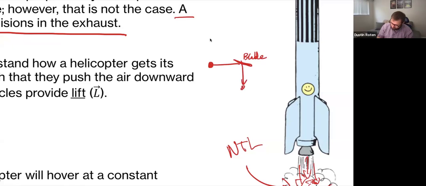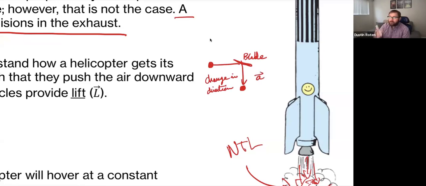Okay, well, this is a change in direction. We know that a change in direction is an acceleration, even if it's going at the same speed. So we know this is an acceleration.